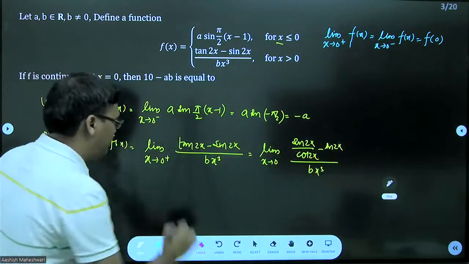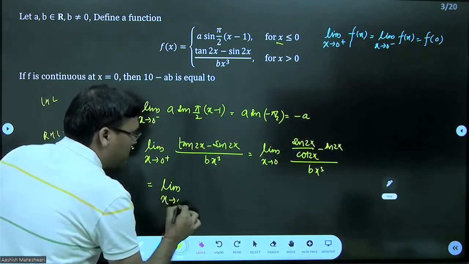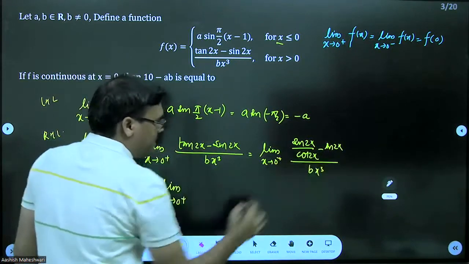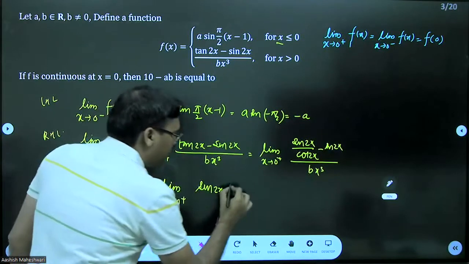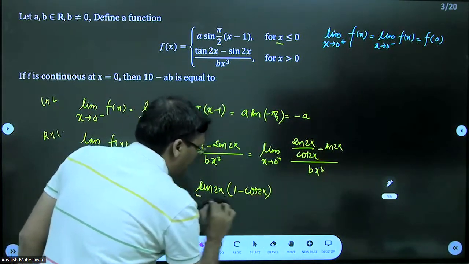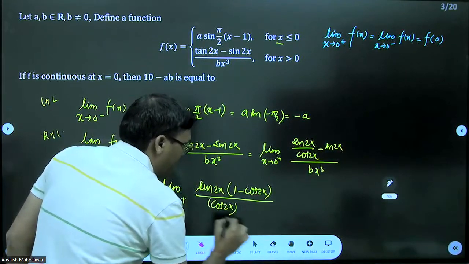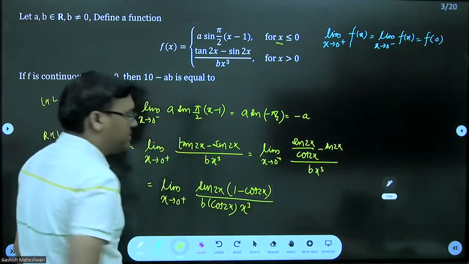And now you see, you can write limit x approaches 0 plus. If I take LCM, you can clearly see this is sin 2x times (1 minus cos 2x) divided by cos 2x and b x cube. This is the expression.